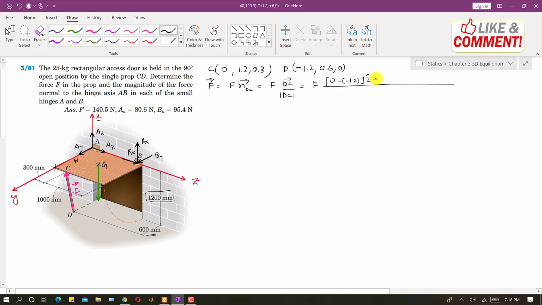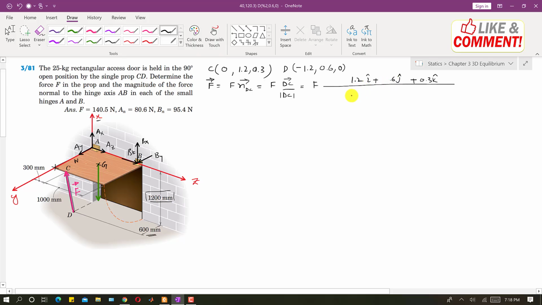Similarly plus, 1.2 minus 0.6, so this will be 0.6 j, and similarly 0.3 minus 0, so this will be 0.3 k. So we can write this as 0.6 j directly, and plus 1.2 i, right? We can write it directly, and then we will find the magnitude of this vector as well.